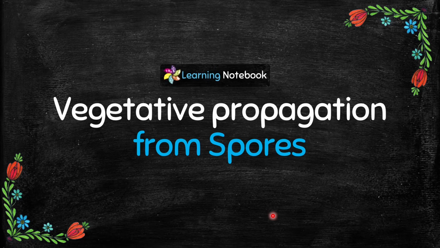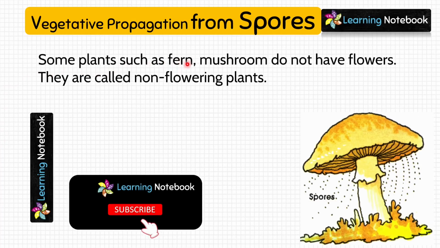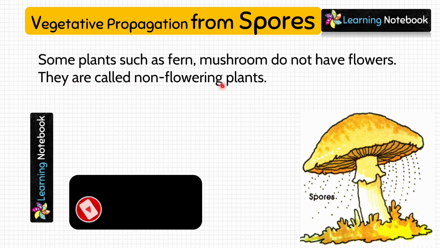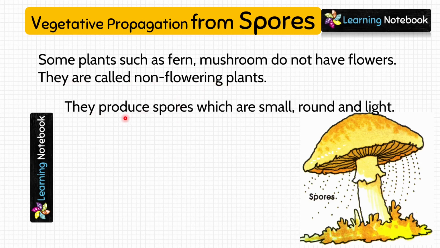Now let's learn vegetative propagation from spores. Some plants such as fern, mushroom do not have flowers. Such plants are called as non-flowering plants. These plants produce spores which are small, round and light. Like here you can see this is a mushroom plant and these are the spores of mushroom plant. These are small and round and light as well.